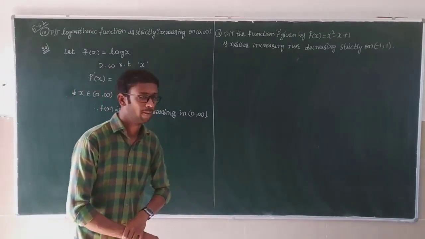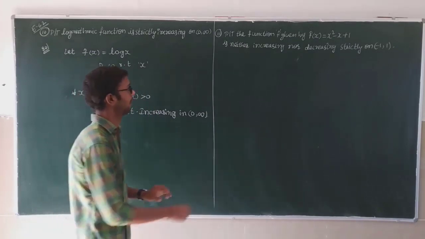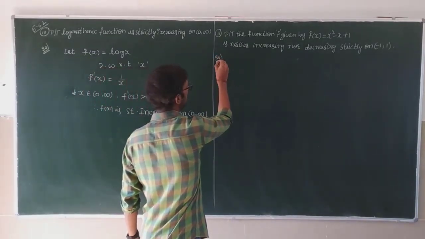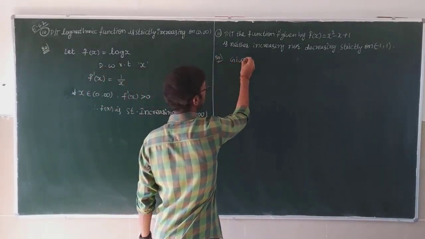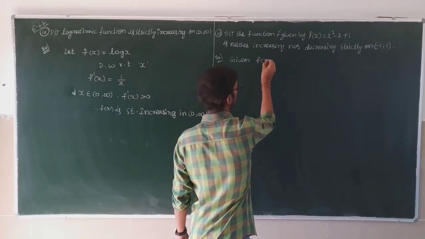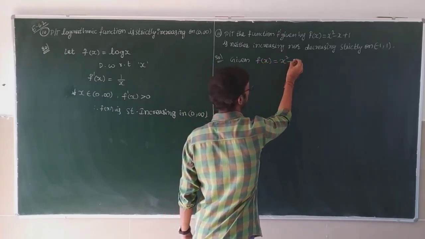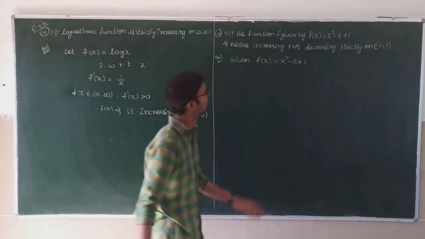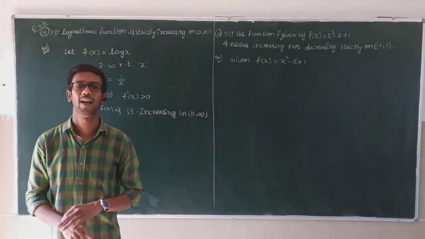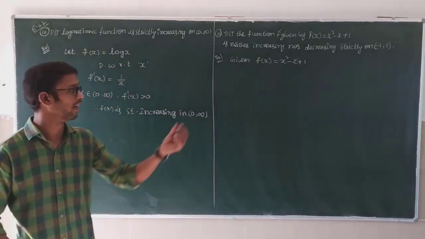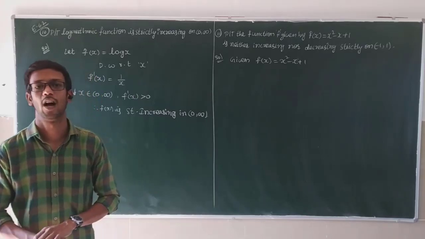Next, problem number 11. Given function: f of x is equal to x square minus x plus 1. Prove that the function is neither increasing nor decreasing in the interval minus 1 comma 1.